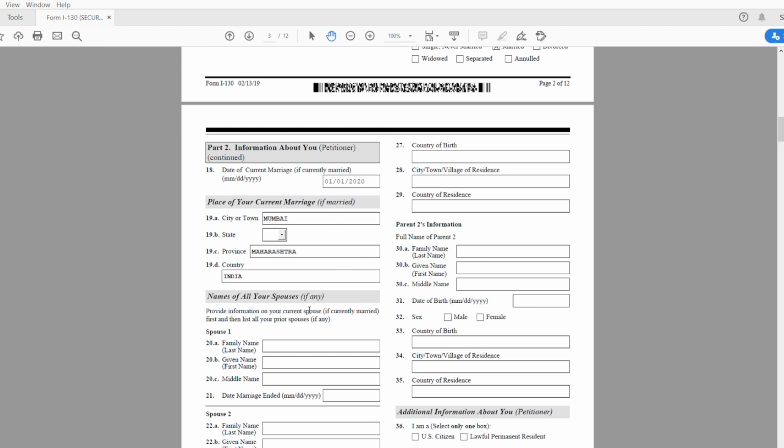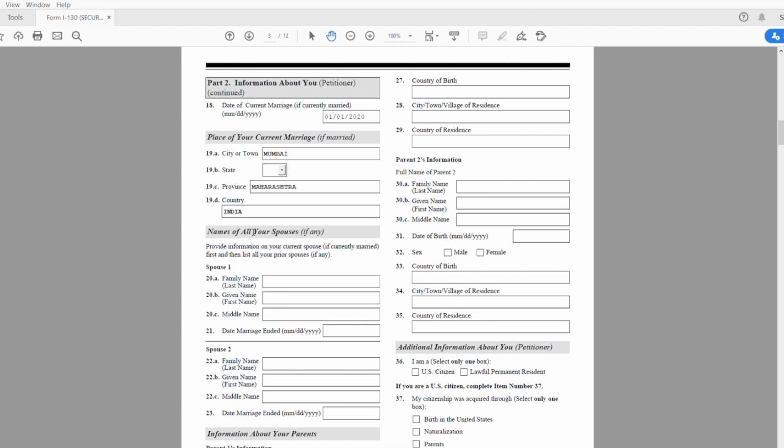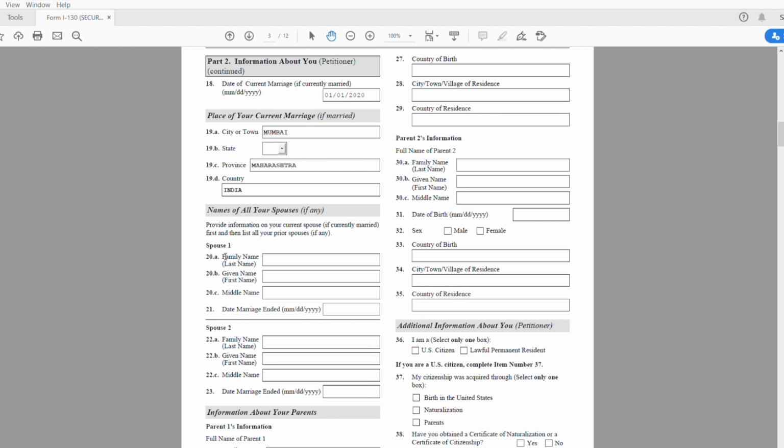Name of all of your spouses. This information is a continuation of your marital history. Provide information on your current spouse, if currently married, first, and then list all your prior spouses. For purposes of this example, the name of Mr. Patel's spouse is Pooja Patel.